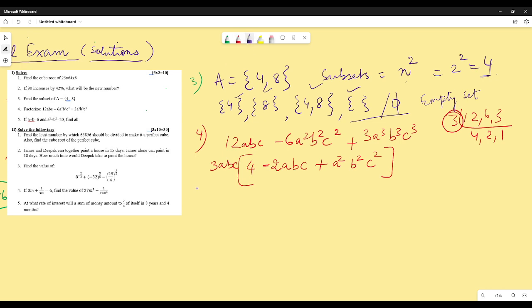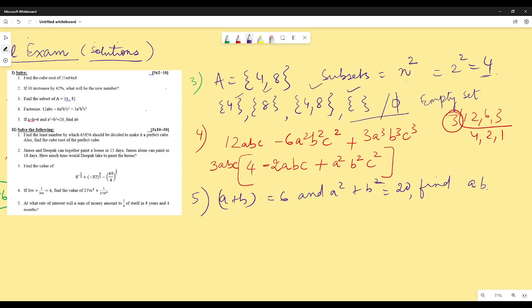Now let us move on to the next question, which is: if a plus b equals 6 and a square plus b square equals 20, find ab.